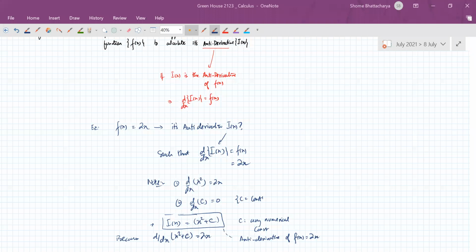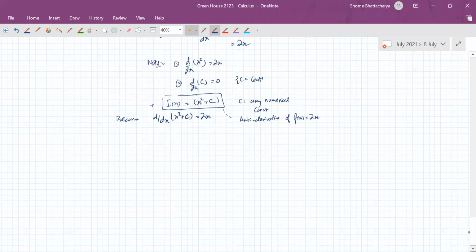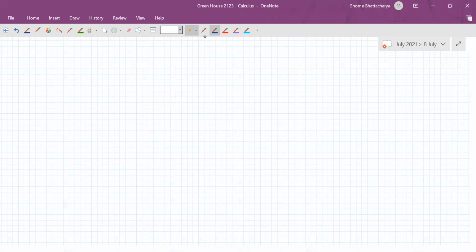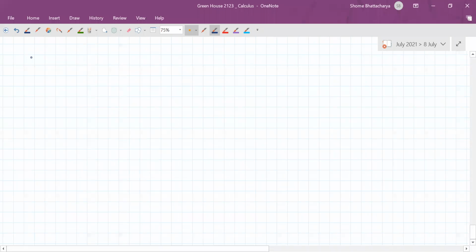Okay, so now the first thing we'll understand is the symbol for integration. This symbol is called the integration symbol. And how to integrate a function?